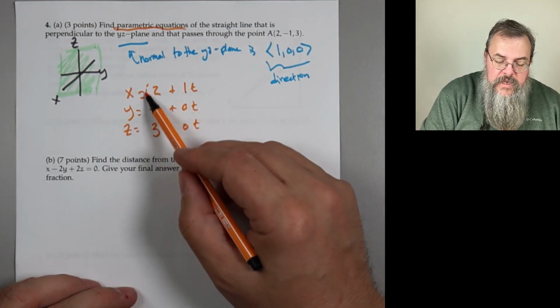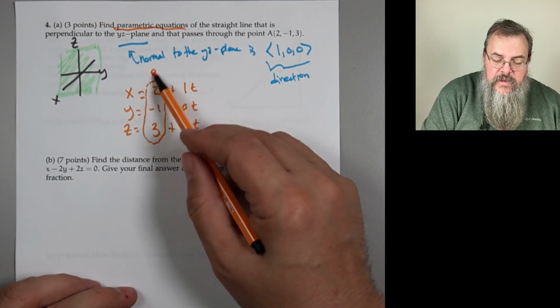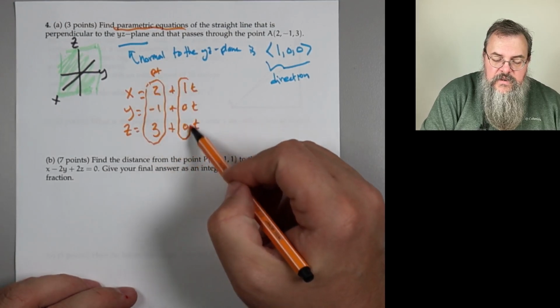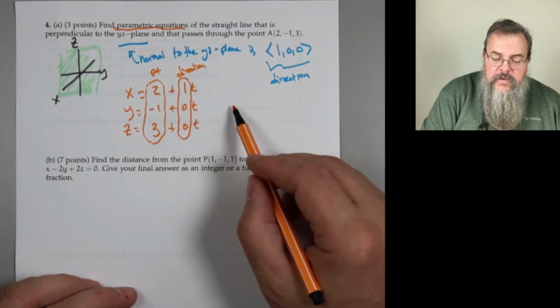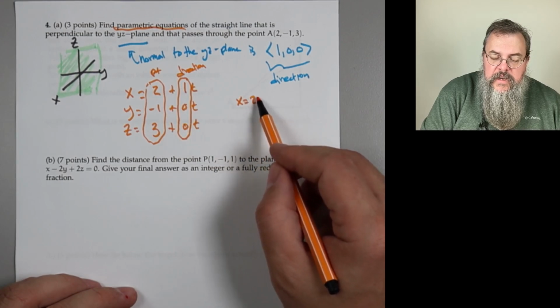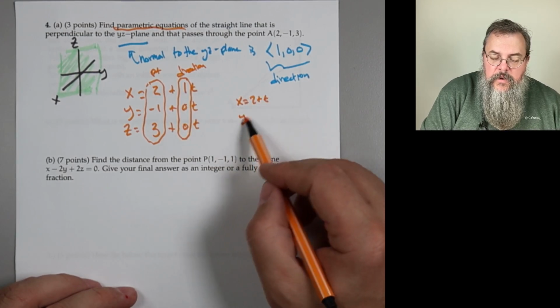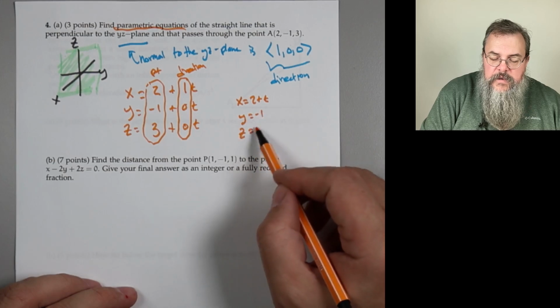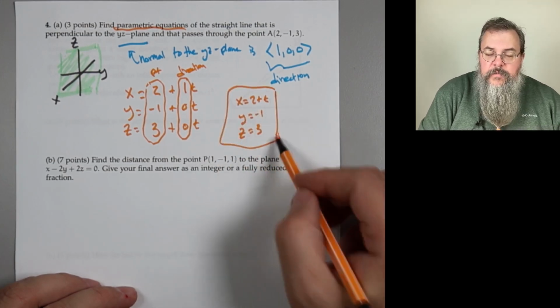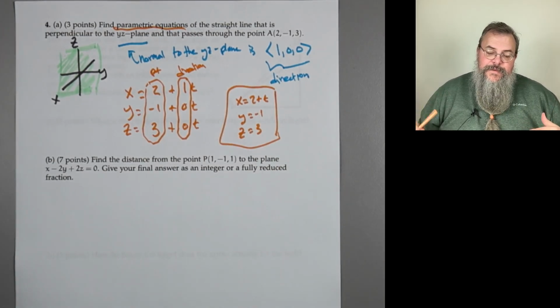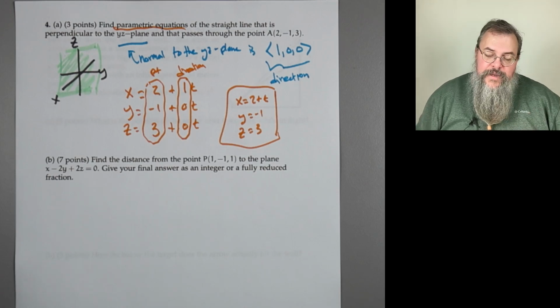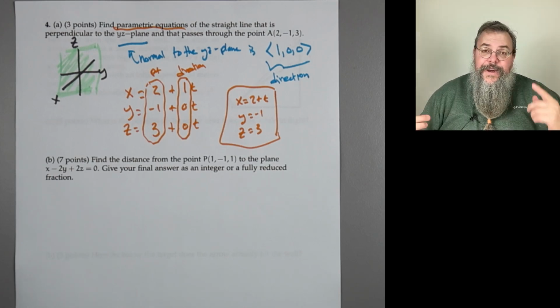This part right here is our point, and (1, 0, 0) is our direction. And so this simplifies down to x equals 2 plus t, y equals negative 1, z equals 3. And there's the answer. That's the line perpendicular to the yz plane, and it passes through the point (2, -1, 3).